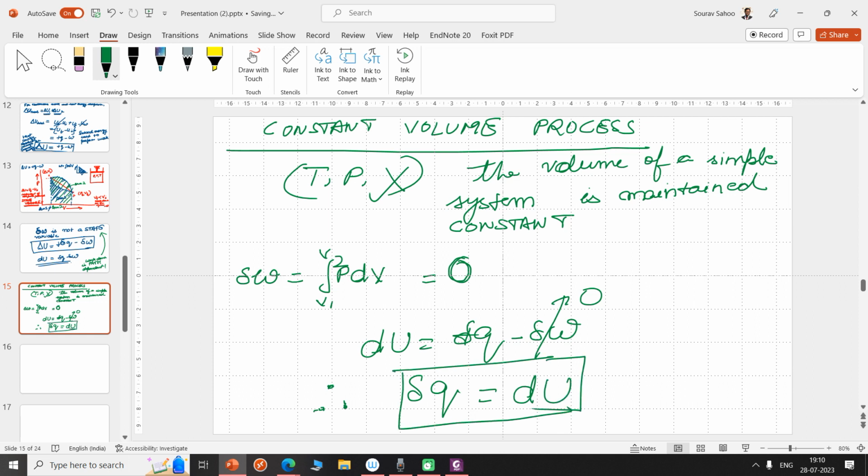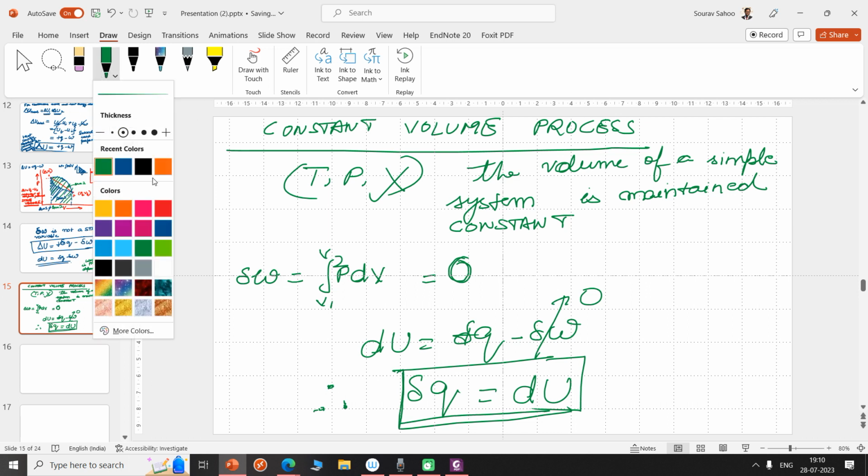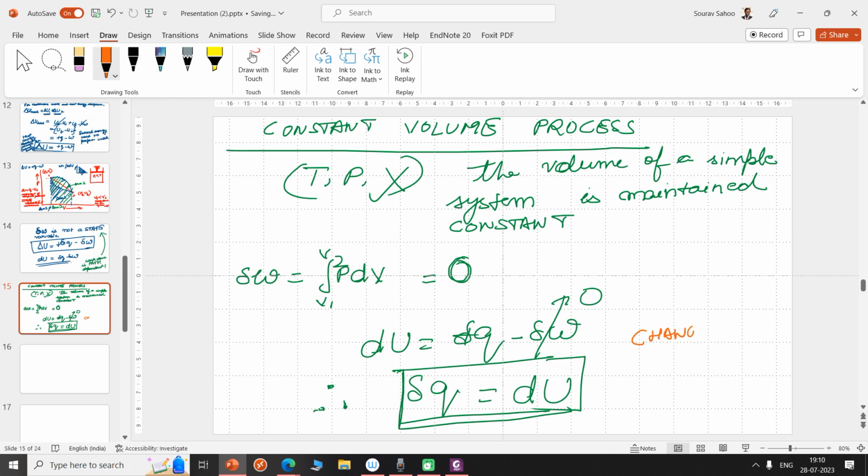So in the constant volume process, the change in internal energy is only and only dependent upon the heat, because there is no mechanical work.